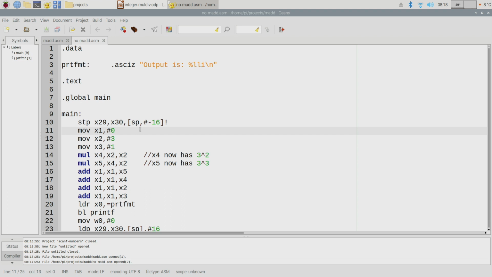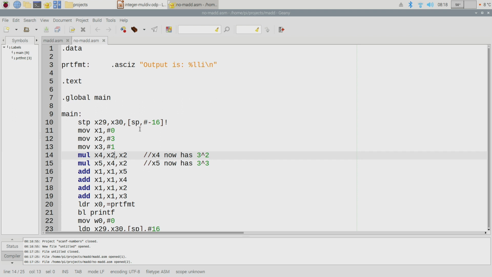Then I'm going to compute 3 squared and also 3 cubed, in order to deal with this. I'll put 3 squared in x4 and 3 cubed in x5.